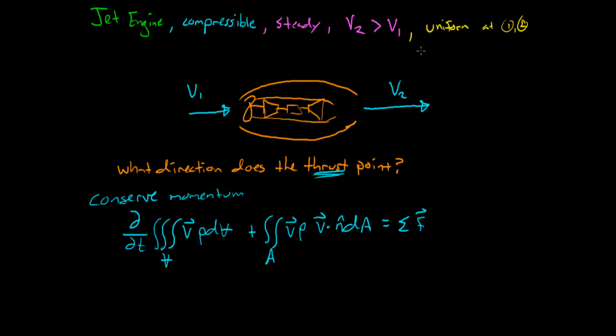So let's look at our assumptions here. We can get rid of this term because it is steady. The forces are what we're looking for. And now it's just a matter of adapting this equation to our system.